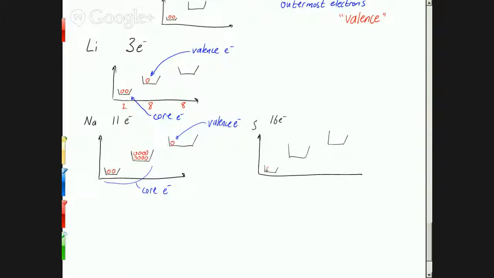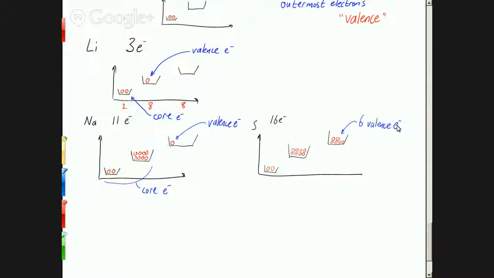So let's count up 16. 1, 2, 3, 4, 5, 6, 7, 8, 9, 10, 11, 12, 13, 14, 15, 16. How many valence electrons? 6. Yeah. All right, and it's in column 6A, so it works out.